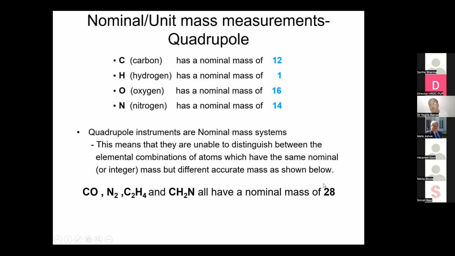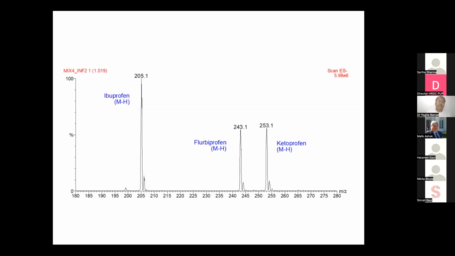So a quadrupole will detect all four molecules as only 28. It is not able to distinguish whether it is carbon monoxide, nitrogen gas, C2H4 or CH2N. It is not able to distinguish the molecular formula. To distinguish the molecular formula, we need the exact mass of the species.